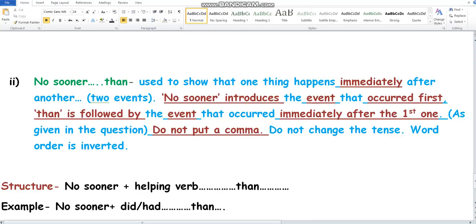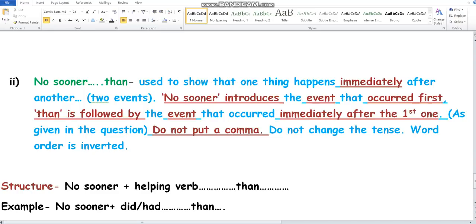Another structure, another pair, no sooner than. No sooner than is used to show that one thing happens immediately after another. No sooner introduces the event that occurred first. Please remember this.